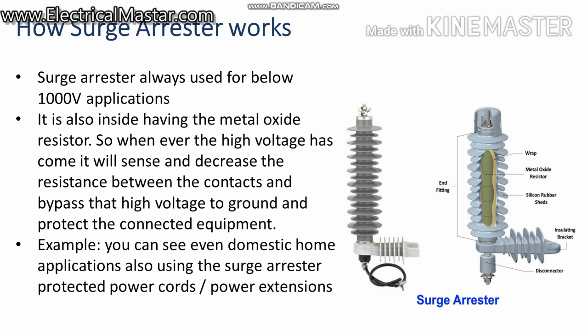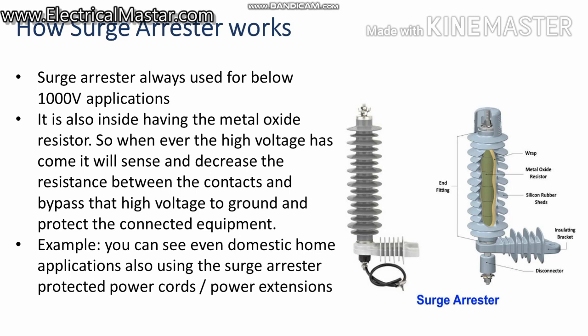Moreover, we use surge arrestors for low voltage, even 440 volt. For our homes, you can see that in many homes we use surge protected sockets. They help prevent high voltage from entering. Normally in our house we use 240 volt, but sometimes there is a chance that 300 volt or 280 volt will enter, and our connected equipment like a laptop or system will get damaged.